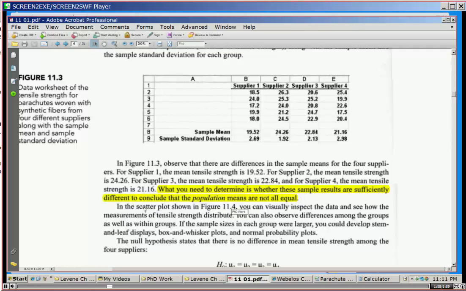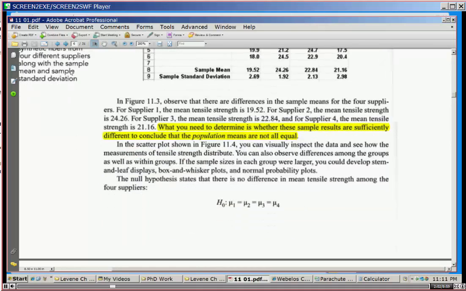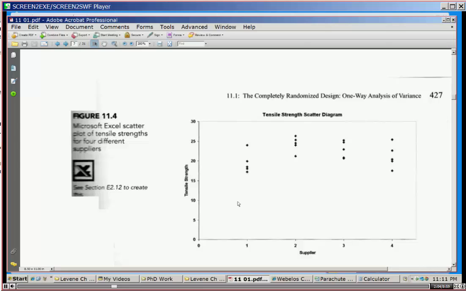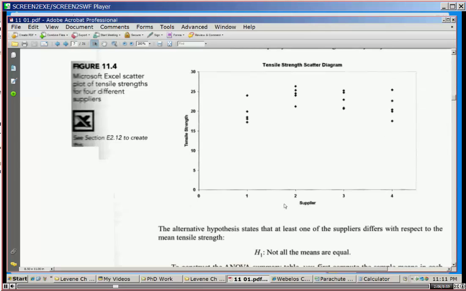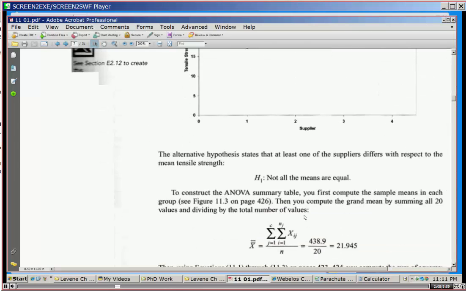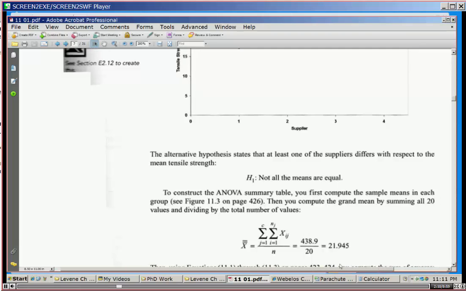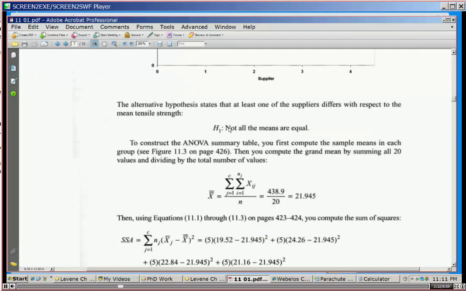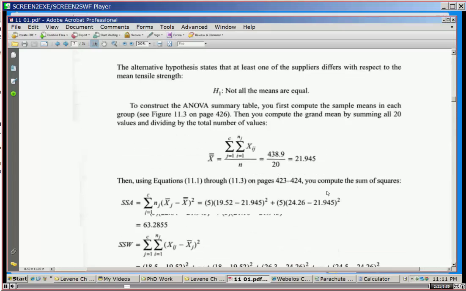Sample results are sufficiently different to conclude that population means are not all equal. We've just done this. We're looking at the alternative hypothesis. It quite simply states not all the means are equal. It's possible some means could be equal to each other, but out of 4 means not all are equal.